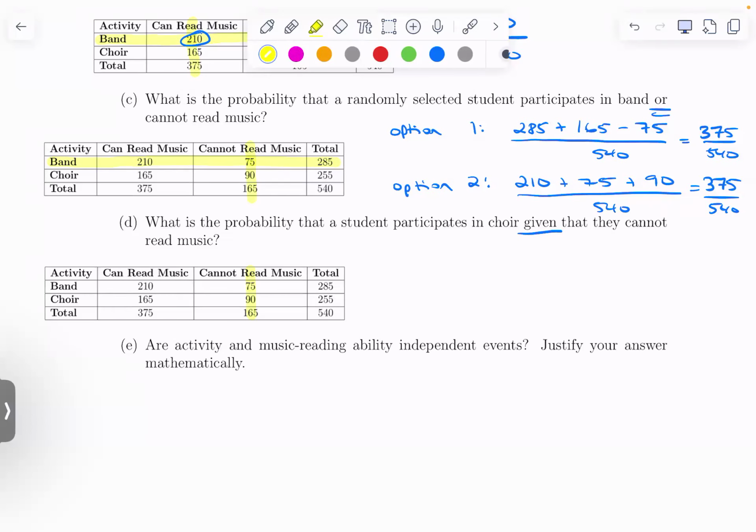And we want to know what's the probability that they are in choir. That's these guys. So it would be 90 over 165. That's the conditional probability.